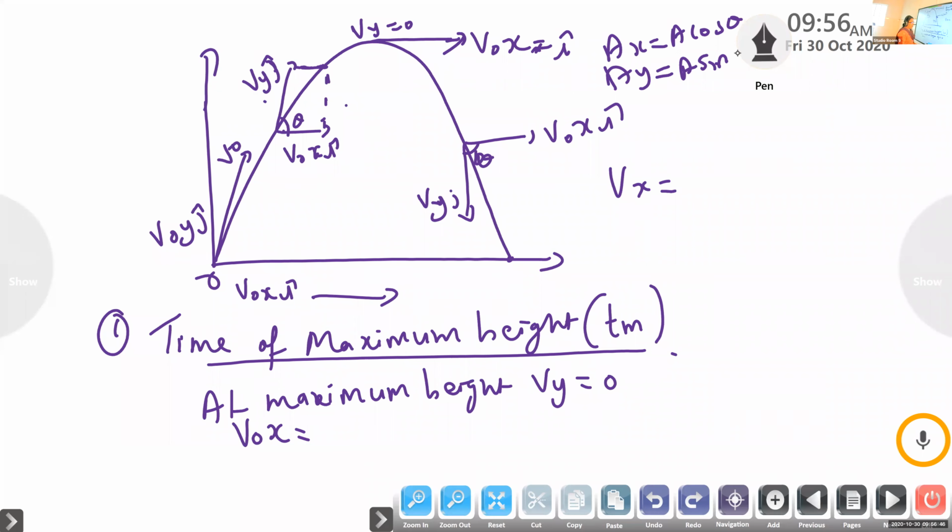So at maximum height, Vy is equal to 0. Therefore, we will get V0x. Or by applying, when the object is coming down, we also have to consider acceleration is equal to minus g also.